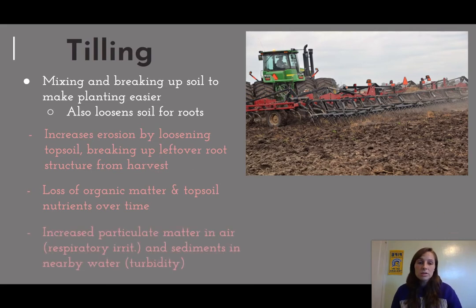What this also leads to, as again we can see in the picture, is increased particulate matter, like dust, getting kicked up into the air, which is going to cause respiratory irritation and isn't good for things like asthma. It's also going to lead to sedimentation in nearby water, which is going to increase the turbidity, which means it's going to be more cloudy in the water. So if you think about the fish who are trying to live there, now all of a sudden they're living in a really cloudy river, and that's going to be a problem for them.